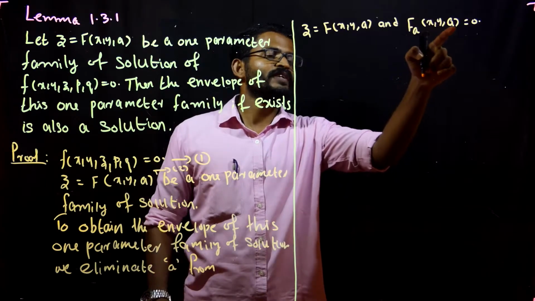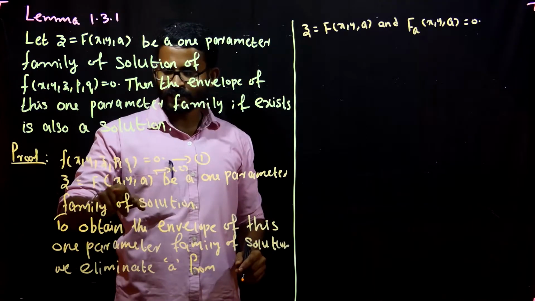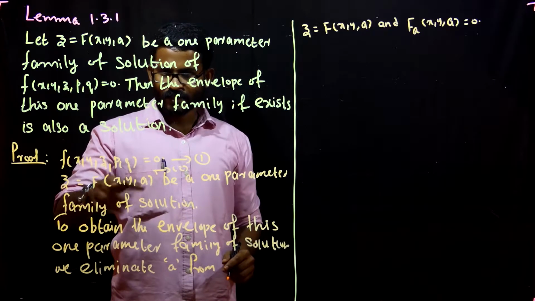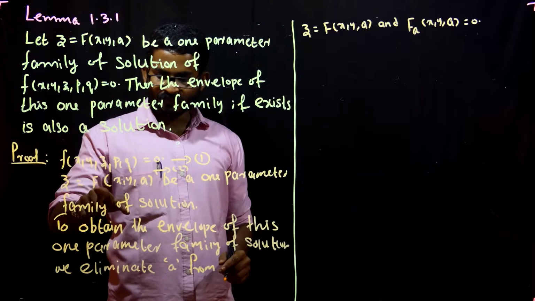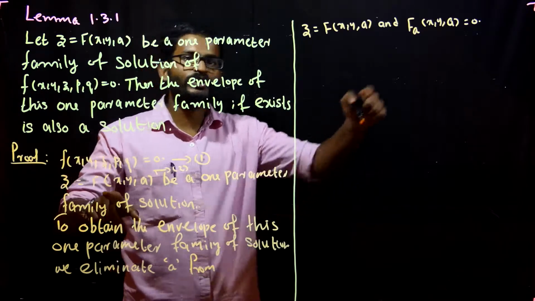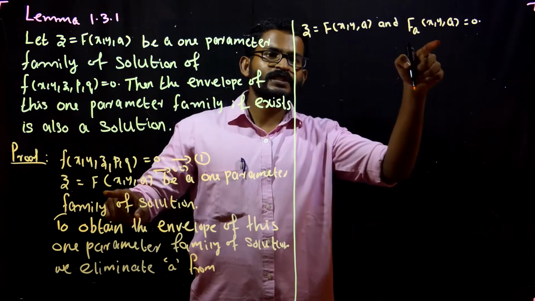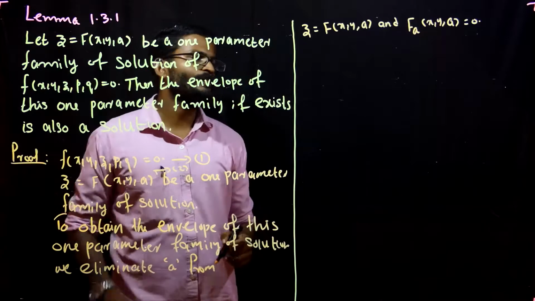What is fa? We differentiate this capital F, that is the solution. We usually denote capital F for solution. Differentiating capital F with respect to a, we equate it to 0. From these two equations, we should eliminate a to find the envelope.